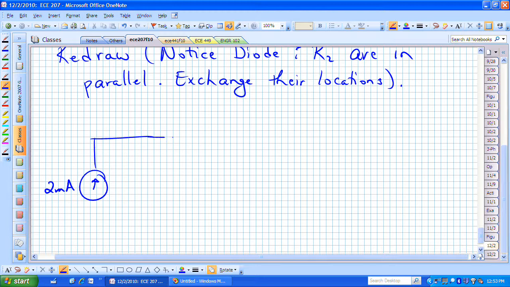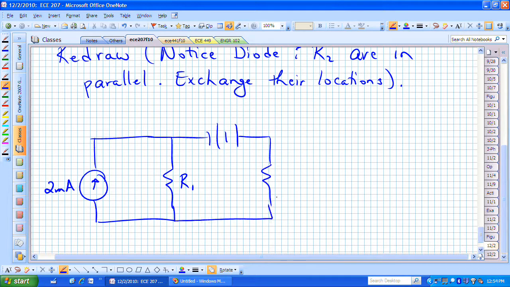and again, there's nothing wrong with redrawing a circuit. It actually maybe helps you figure out what's going on if you sketch it a little bit differently than what it was presented to you. There's R sub 2, and I haven't changed the circuit electrically at all. This is now what I have.